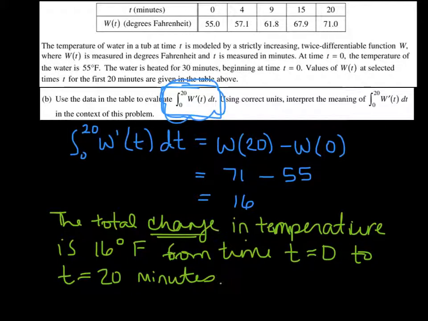Okay, so basically some sort of sentence that highlights that the total change in temperature of the water in the tub is 16 degrees Fahrenheit over the time interval 0 to 20 minutes.